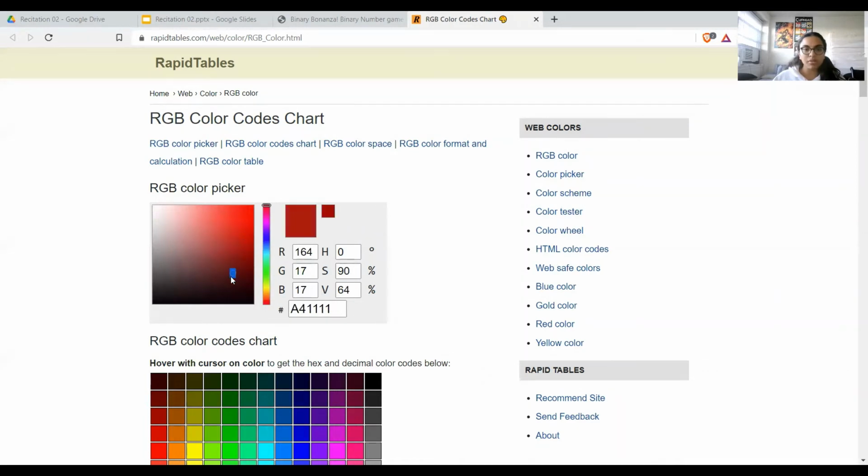If you pick a color, it will give you the hexadecimal format. If we go to pitch black, it will be represented as 0, 0, 0, 0, 0, 0. But for white, it will be represented as FF, FF, FF. And accordingly, for different colors, the different hexadecimal notations are given.